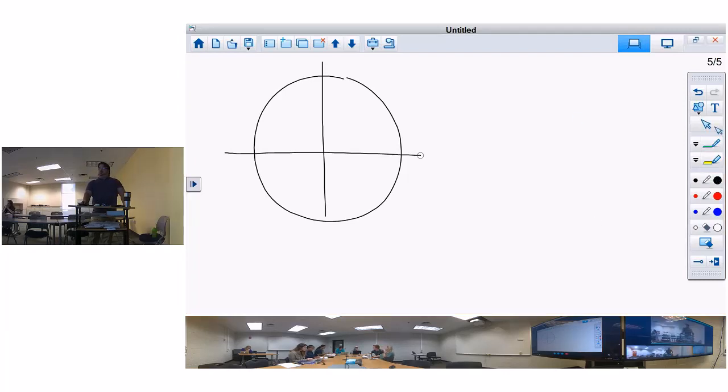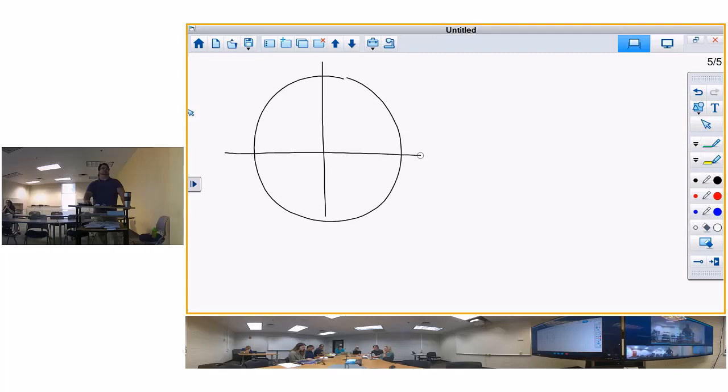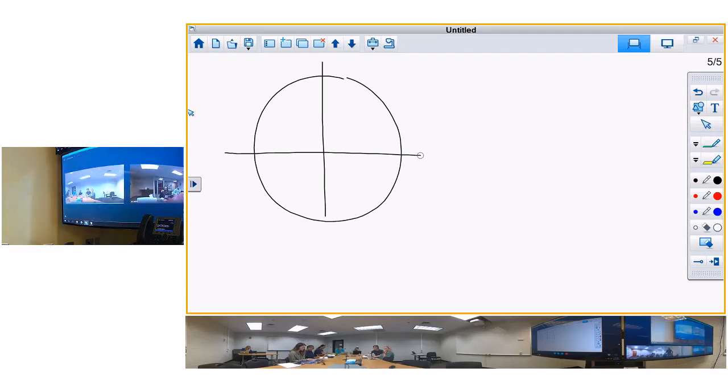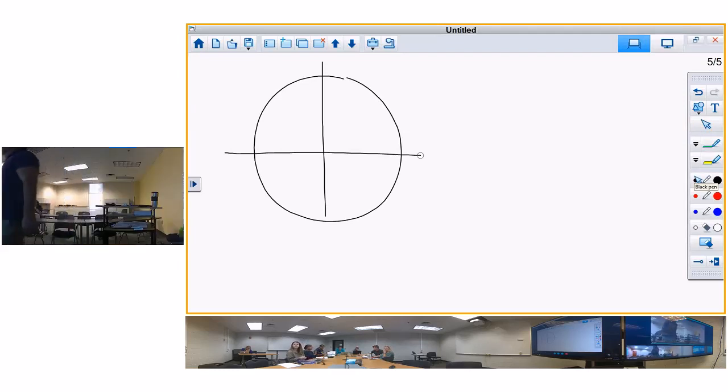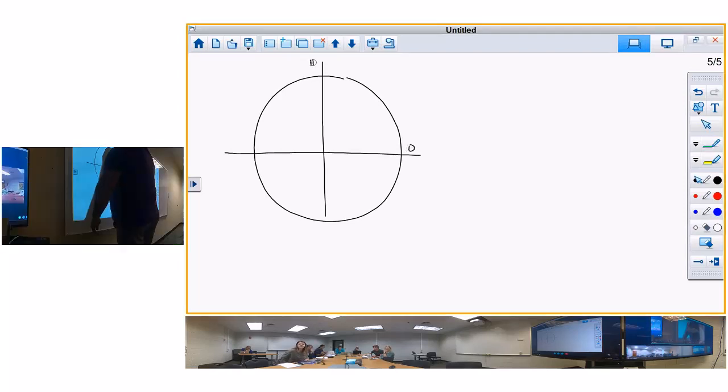The unit circle, go ahead and label the unit circle. Somebody needs to turn the sound down. I'm getting a feedback. Turn your sound down, please. Here is 0 degrees. This is pi over 2. And this is pi. And this is 3 pi over 2.